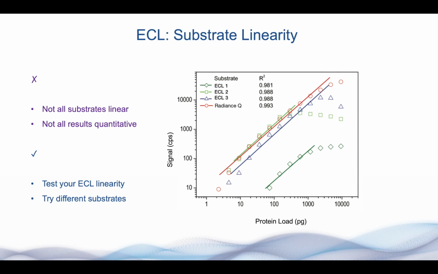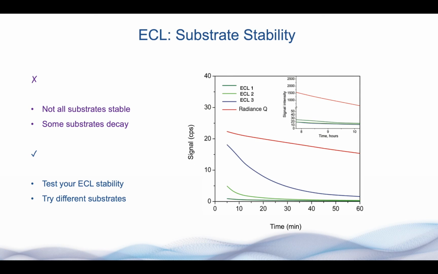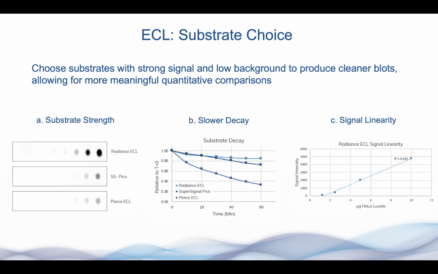We also have to be careful about how linear a substrate is and at which range it depletes and which range it cannot actually visualize. Each substrate is different. And also we have to be careful that certain substrates decrease in stability very quickly. So we should test this to be aware if our substrate is not depleting too fast.